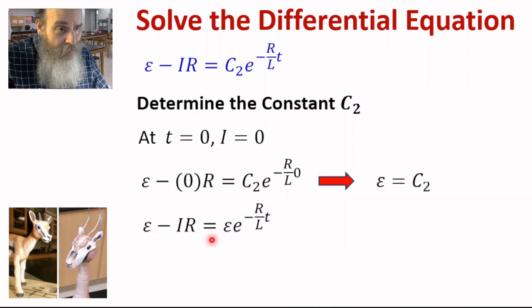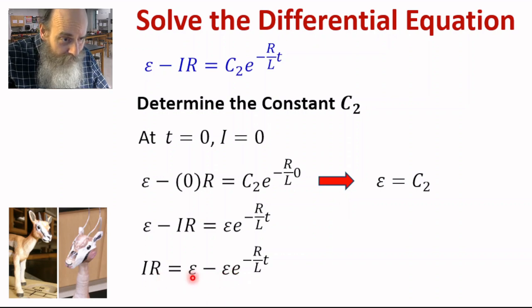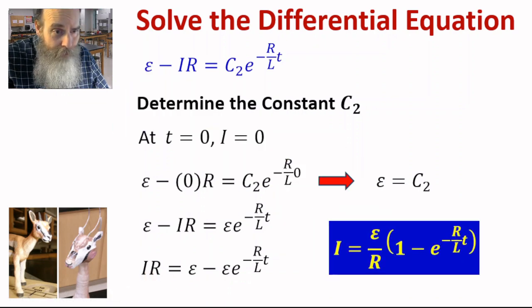Let's solve this thing for I. Let's put the IR on one side. We get this. Now let's take out the common factor of E and divide by R to get our final result for I. I equals E over R times 1 minus e to the negative R over L times t.